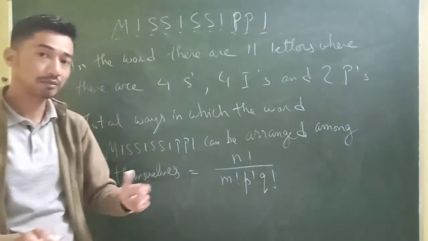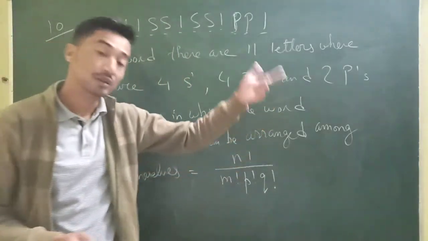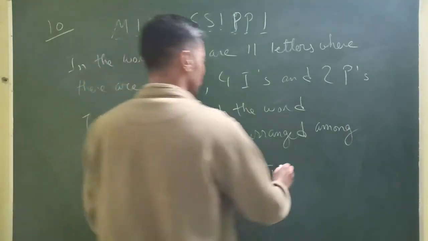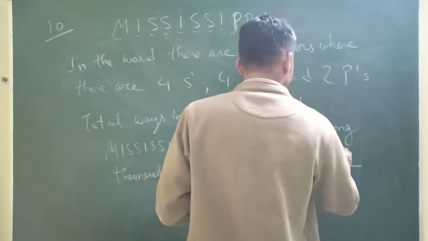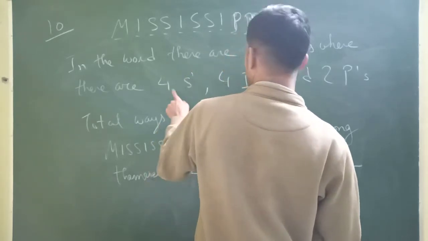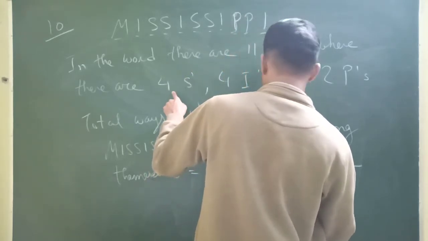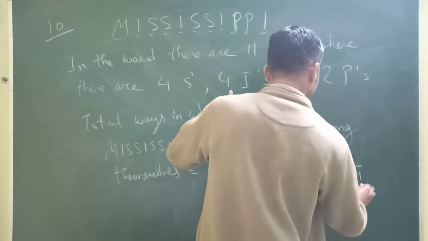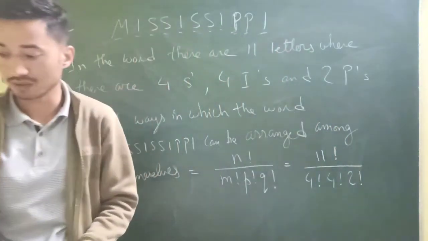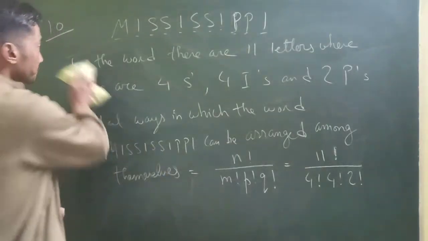As I said, it can be extended; Q, R, U, A can go on. So here, n is 11 factorial, divided by 4 factorial for the S's, 4 factorial for the I's, and 2 factorial for the P's. Remember, it can be extended further also.